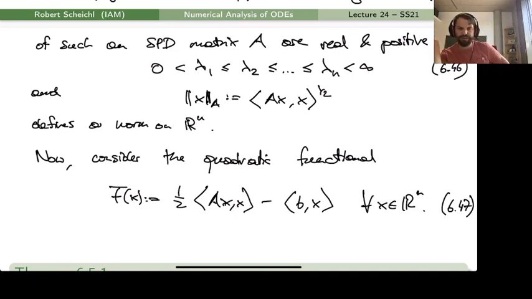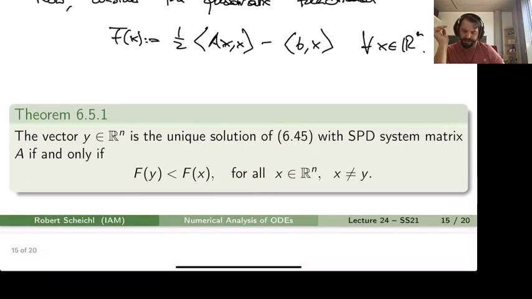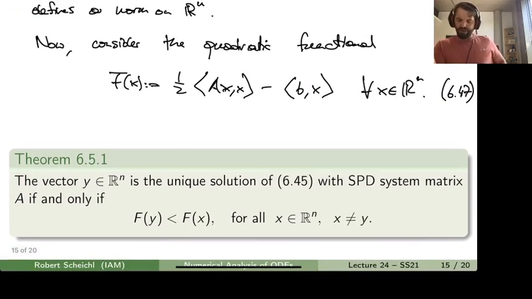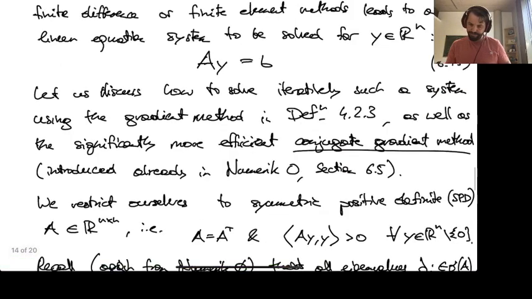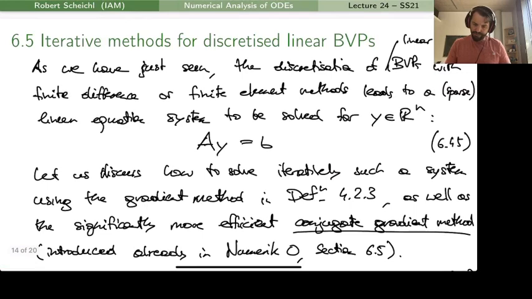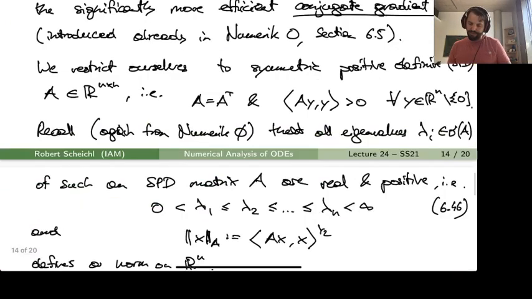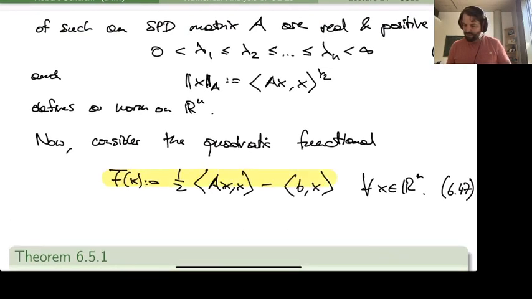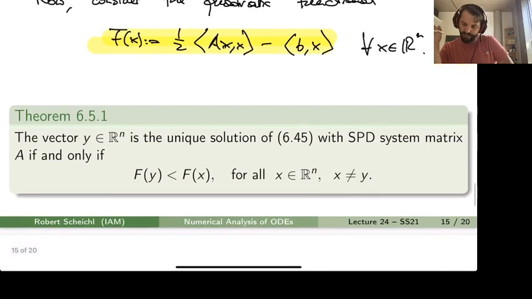Okay, so now for this functional, we have the nice property that the vector y is the unique solution of our linear equation system 645 if and only if it's also the unique minimizer of 647.